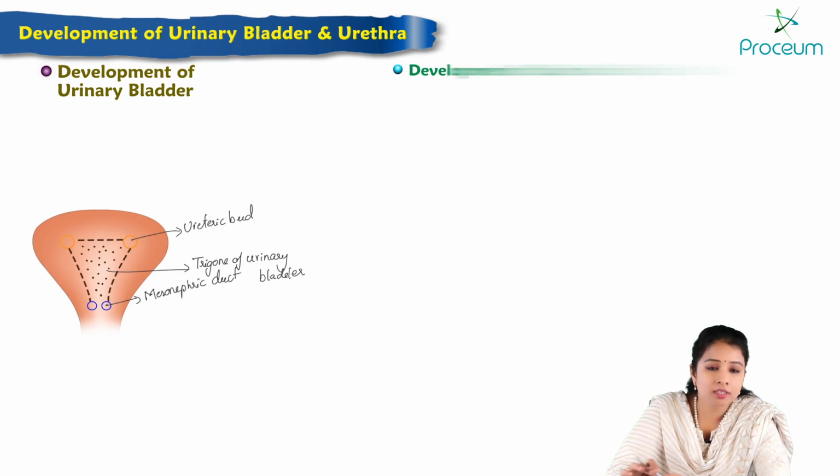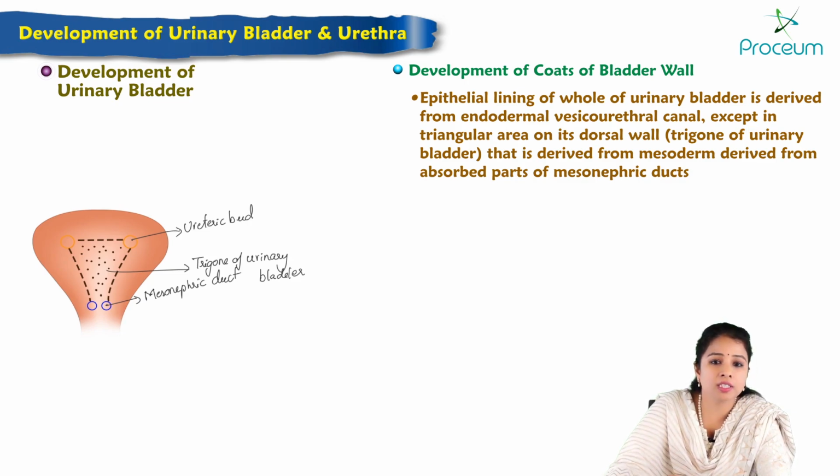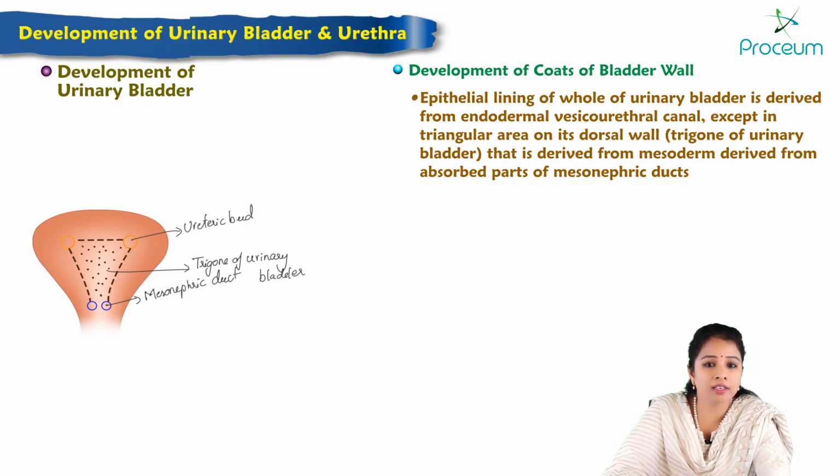And let's see the development of coats of the urinary bladder. The epithelial lining of the whole of the urinary bladder is derived from the endodermal vesico-urethral canal, which is a part of the cloaca, except the trigone, that is the internal triangular area. The trigone, present on the dorsal wall of the urinary bladder, is derived from the mesoderm, because it is derived from the absorbed part of the mesonephric duct.